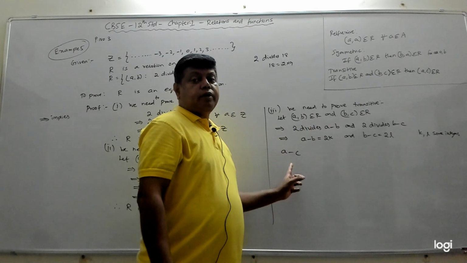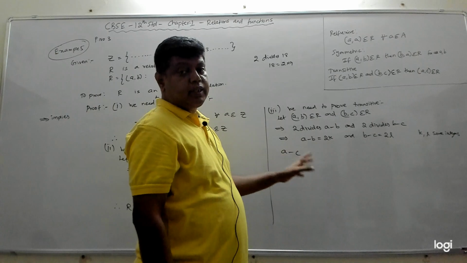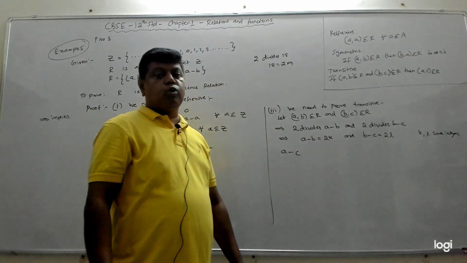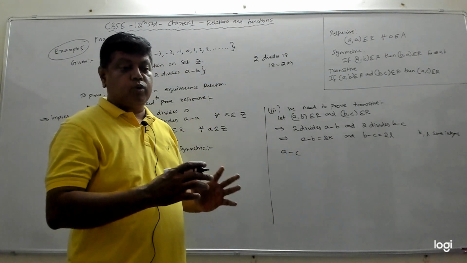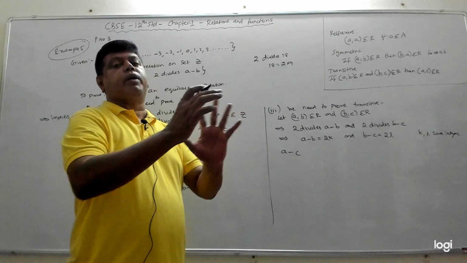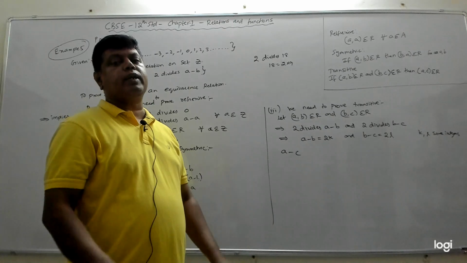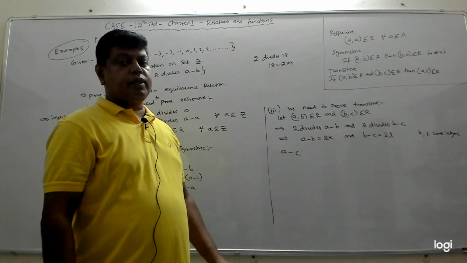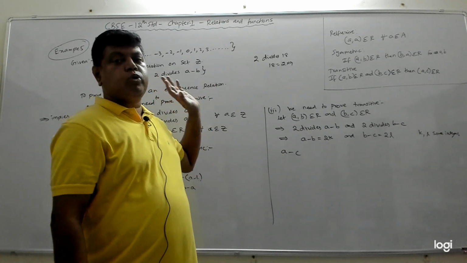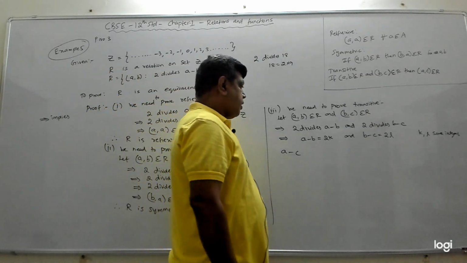If I have to show that 2 divides a minus c, I have to show that a minus c is equal to 2 into something, a multiple of 2. If I prove that, then we can say 2 divides a minus c, then we can say (a, c) belongs to R. That will show that R is transitive.